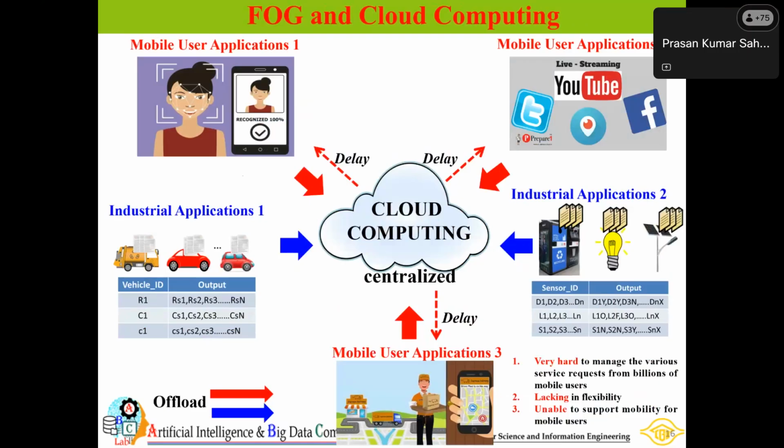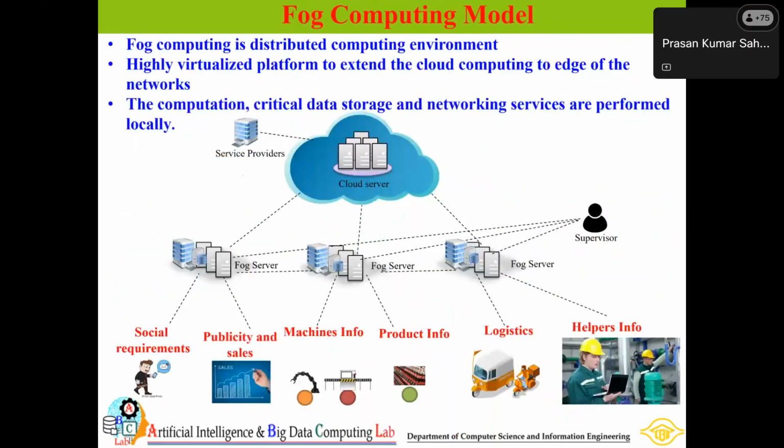And those devices, when they generate data, can transmit data to the cloud computing environment, which is a centralized system. And then we can see, if we analyze the whole system, the fog computing comes into the picture other than the core computing.